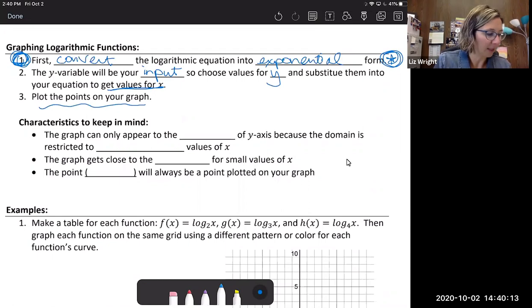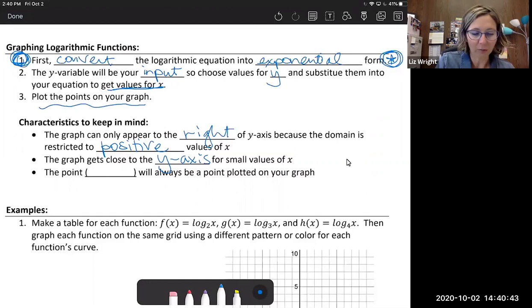The graph can only appear to the right of the y-axis because the domain is going to be restricted to positive values of x. The graph gets close to the y-axis for small values of x, but it's never going to touch it or cross it.